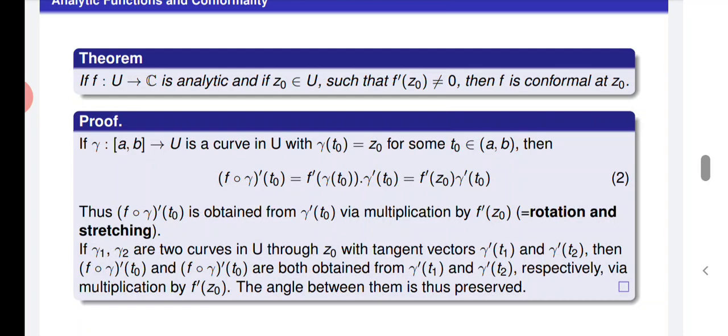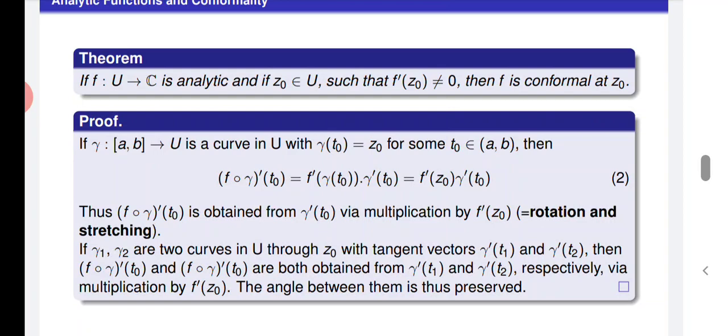Suppose gamma, from the closed interval [a, b] to U, is a curve in U with gamma of t0 equal to z0 for some t0 belonging to the open interval (a, b). Then (f o gamma) dash of t0 is equal to f dash of gamma of t0 into gamma dash of t0, which is equal to f dash z0 times gamma dash t0.